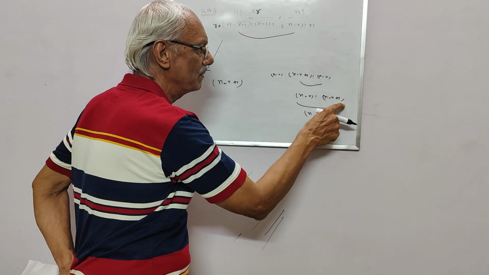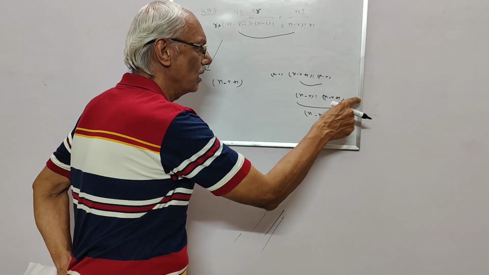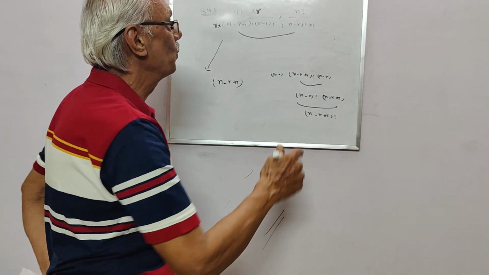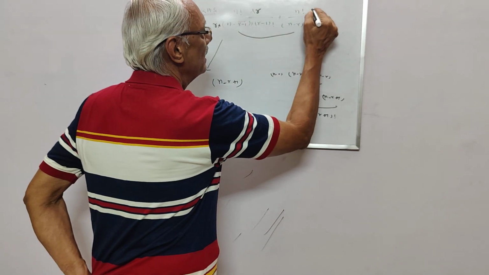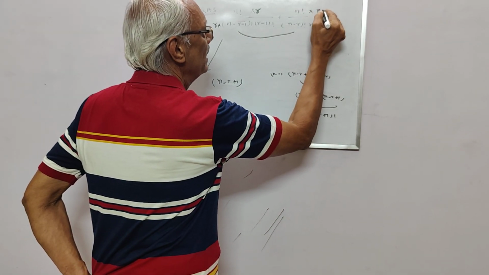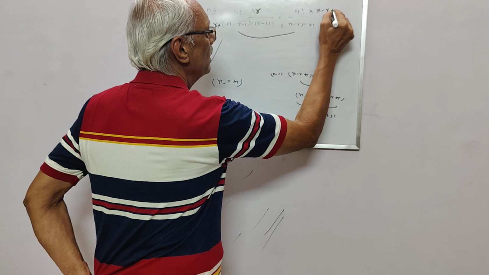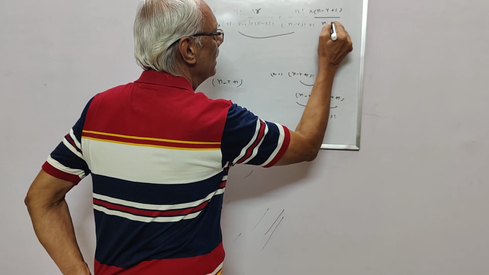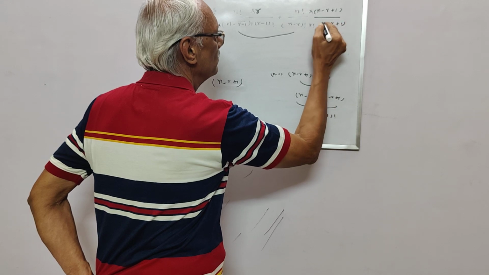If you multiply it by n minus r plus 1, these two combined will give you what? n minus r plus 1 factorial. So what I will do here is that I will multiply this by n minus r plus 1 and also divide by n minus r plus 1.